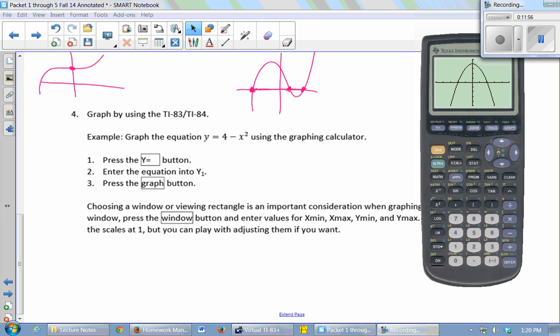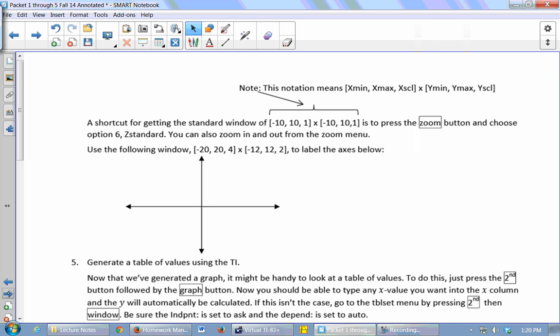So does that make sense? It's a really basic intro to how to use your calculator. You play around with it, and as we learn new things this semester, I'll quickly show how to use a calculator to do them as well. Okay, so some notation. If I write [-10, 10, 1] in brackets like that, that means x min, x max, x scale.